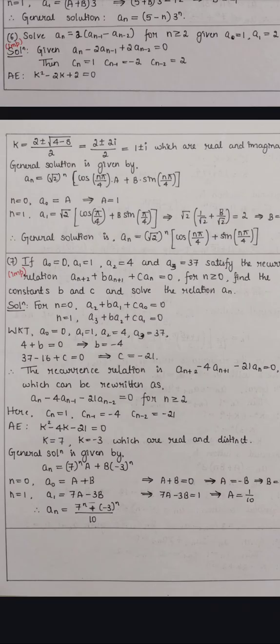For n equals to 1 we have a3 plus b a2 plus c a1 equals to 0.